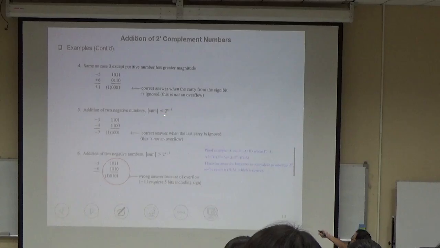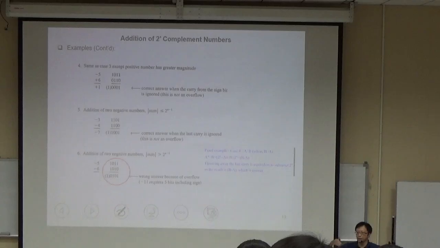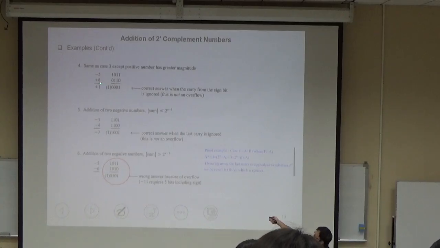Okay. In this case, that's different from the last case. In the last case, the negative had a larger magnitude. In this case, the positive number has a larger magnitude.